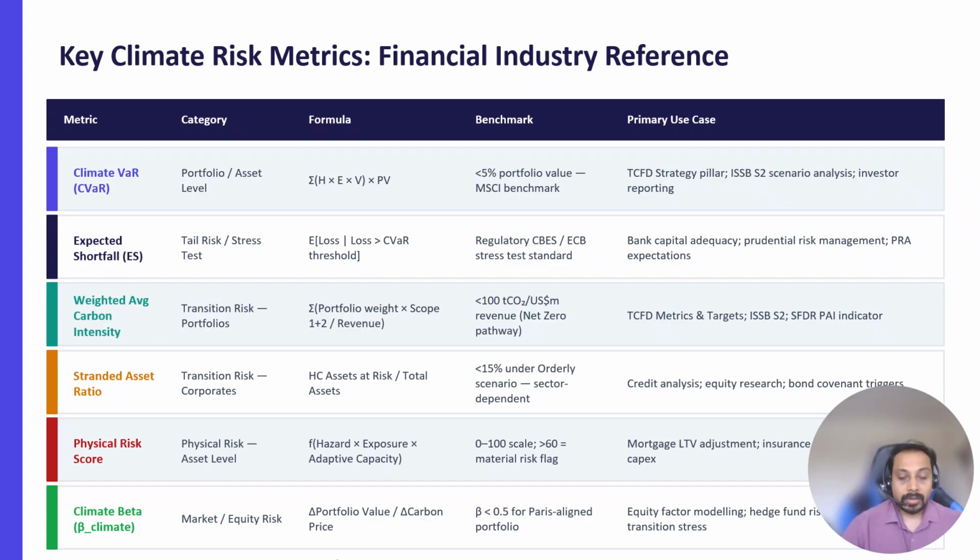Then comes the stranded asset ratio, which is particularly important for lenders and equity analysts covering high carbon sectors. It tells you what fraction of a company's total assets is at risk of economic write-down under a given scenario. That is very important to understand, for when your asset is going to be stranded.